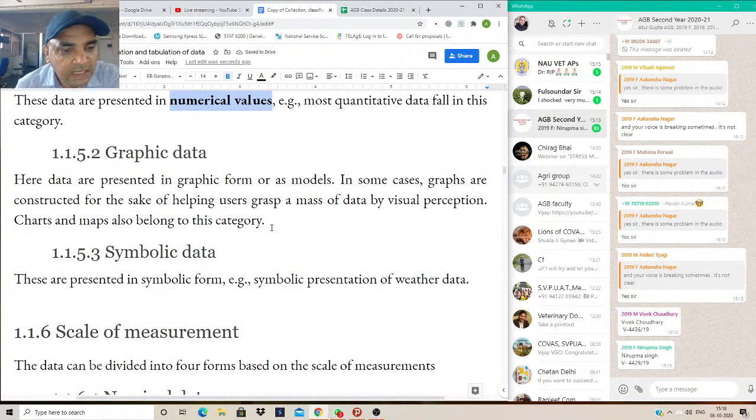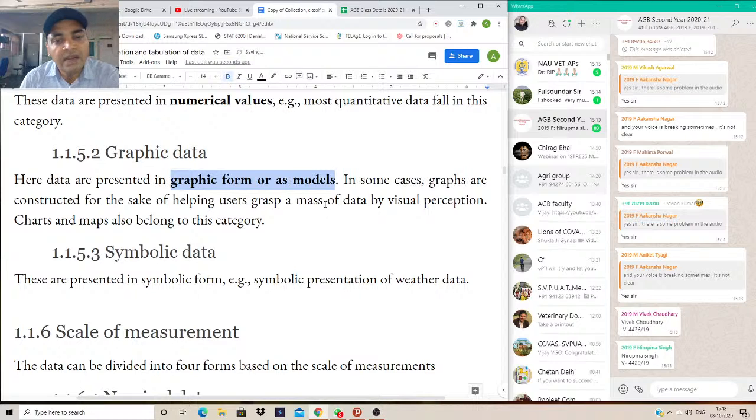If data is presented in a graphic form or in the form of models, then it is said to be graphic data. So you can understand that when a graph is shown, the observer can easily understand the various insights of the data.